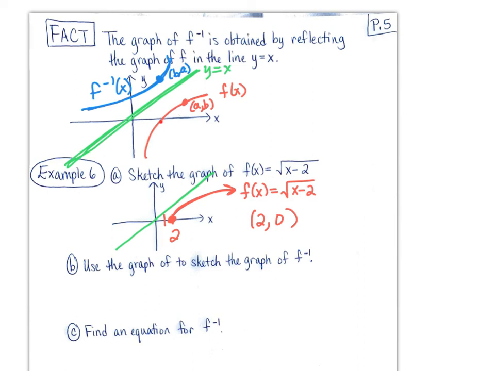This information says what point should be on the graph of its inverse. (2, 0) is on the graph of f of x. What point should be on the graph of its inverse? (0, 2). So that means instead of going left 2, we go up 2 from the origin. So we go up 2. This point here is (0, 2).